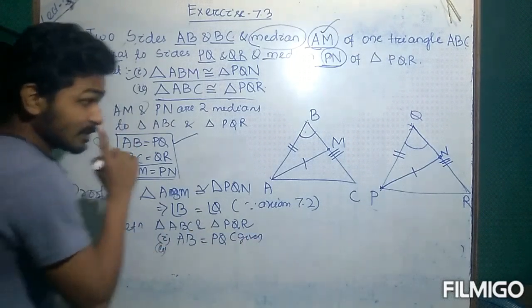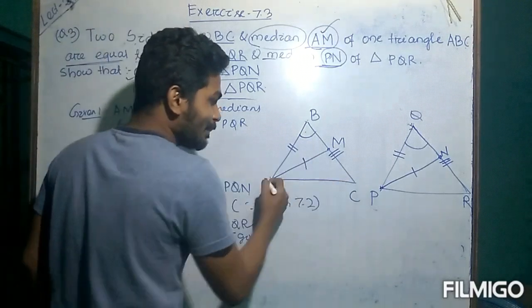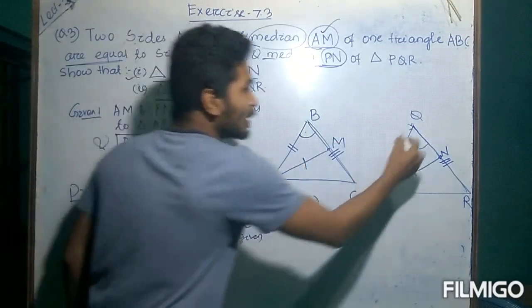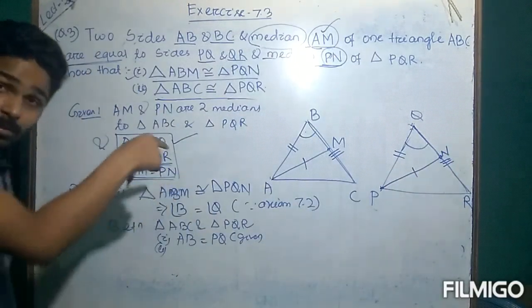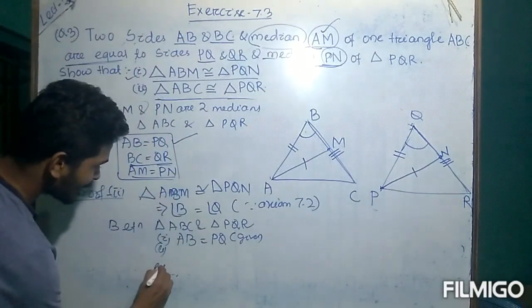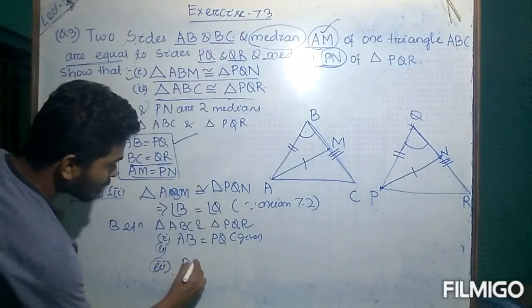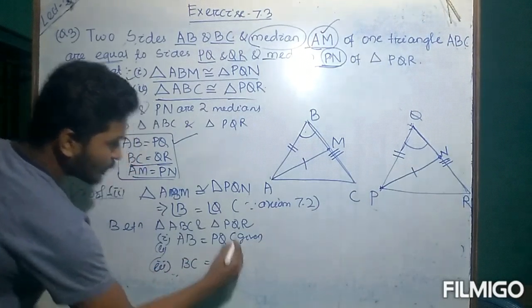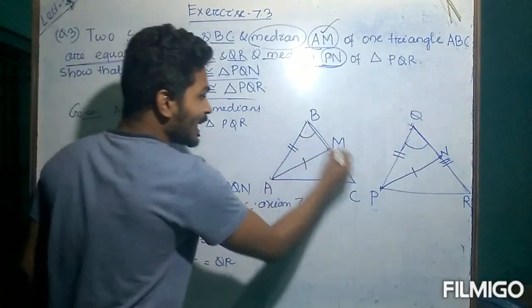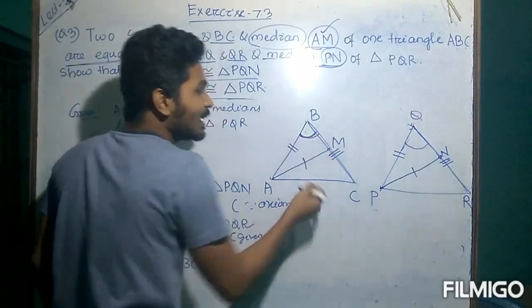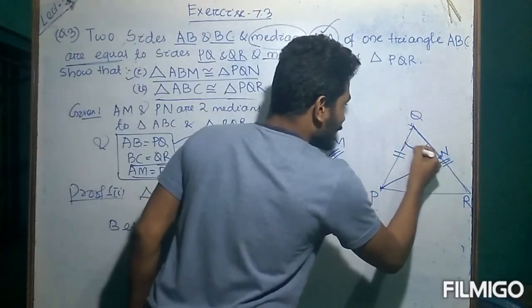Second statement is for the triangle ABC, BC is equal to QR for the triangle PQR. It is also given. BC is equal to QR. Then the third condition is for the triangle ABC, this angle is equal to this angle for the triangle PQR.